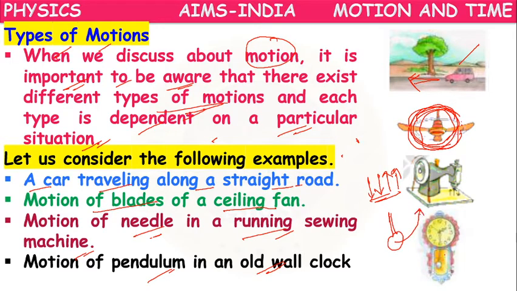It will move this side, come back, move that side. This is called to and fro motion. So here, in 4 different examples, we are observing 4 different kinds of motion.